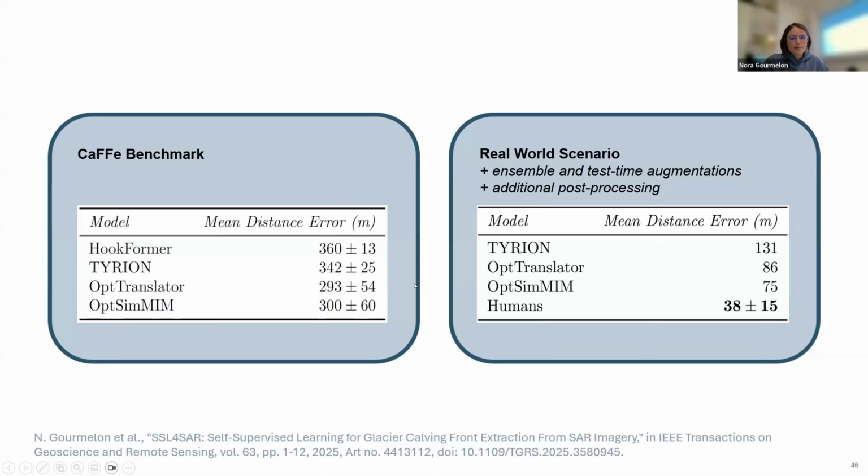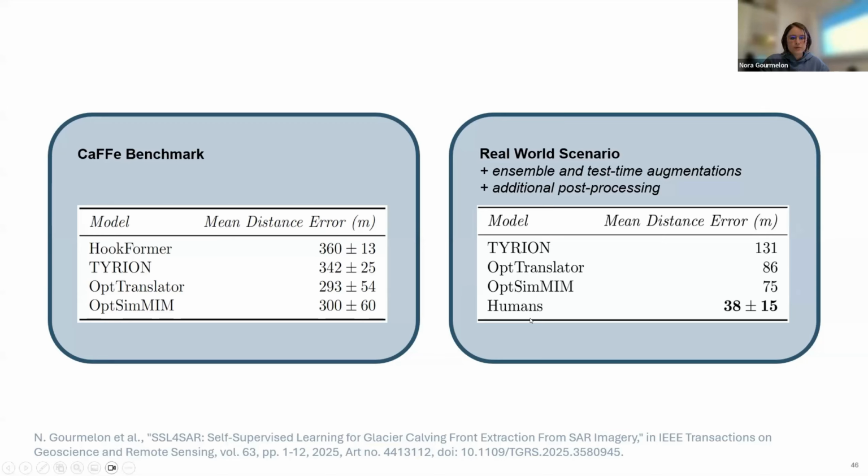But we didn't stop at benchmarking. We wanted to see how it works in a kind of real-world scenario, as our geography collaboration partners actually use it in the end. And for that, first of all, we had to do some additional post-processing to be able to compare to the multi-annotated study. So there were some post-processings that had to be done for the humans.